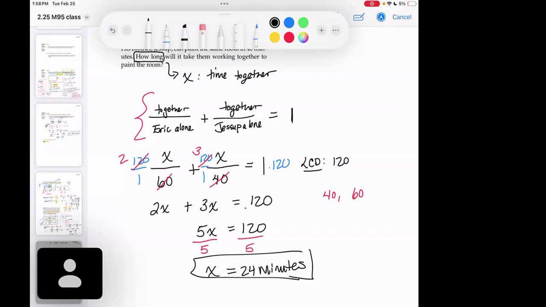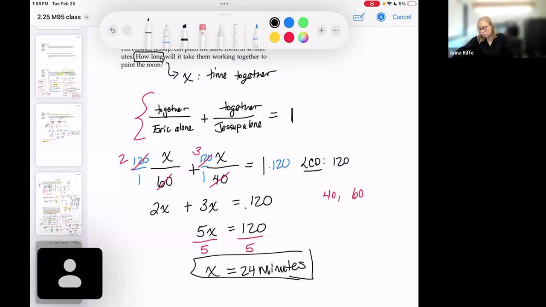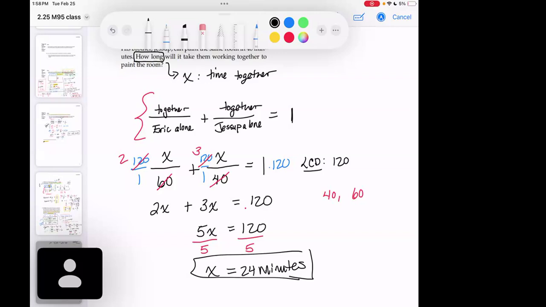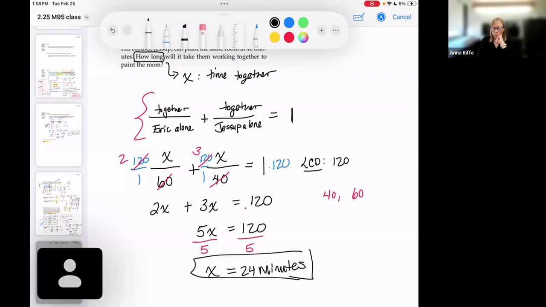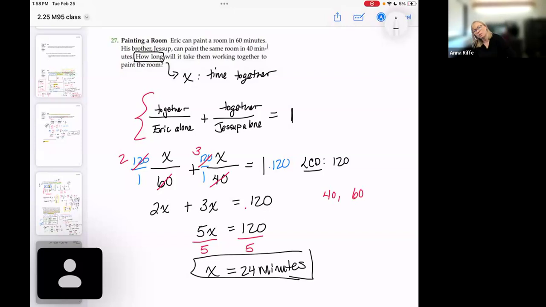Divide both sides by 5. x equals 120 divided by 5, which is 24. Yep. So they can do this painting job together in 24 minutes.